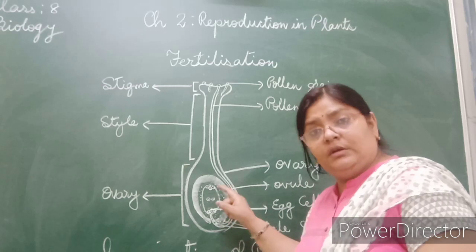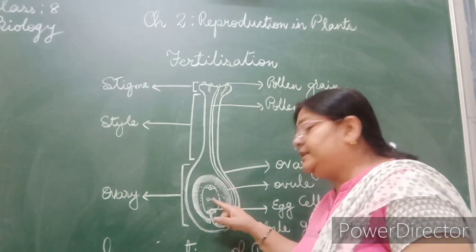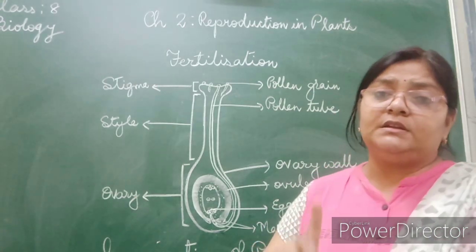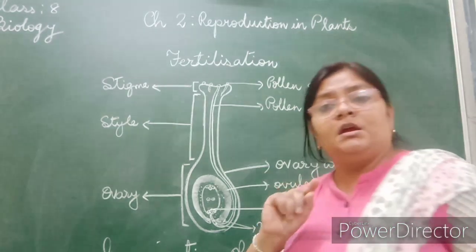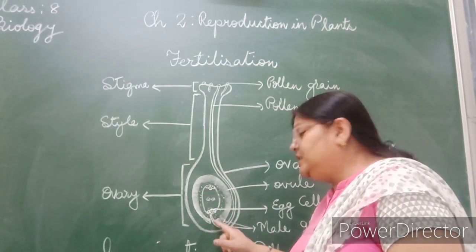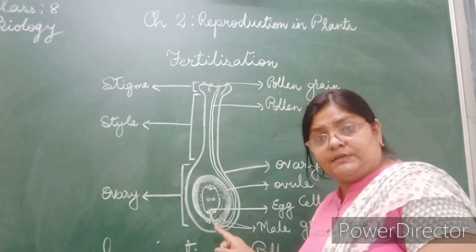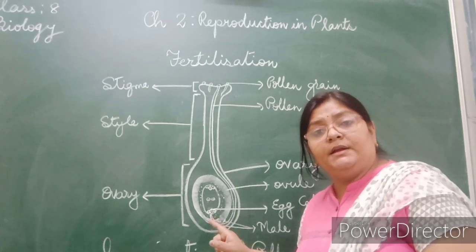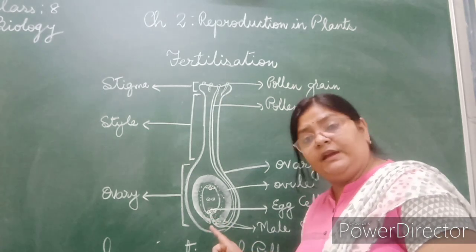The embryo sac. Inside the embryo sac, there are 7 cells. The integuments leave a small space. That space is called the micropyle.